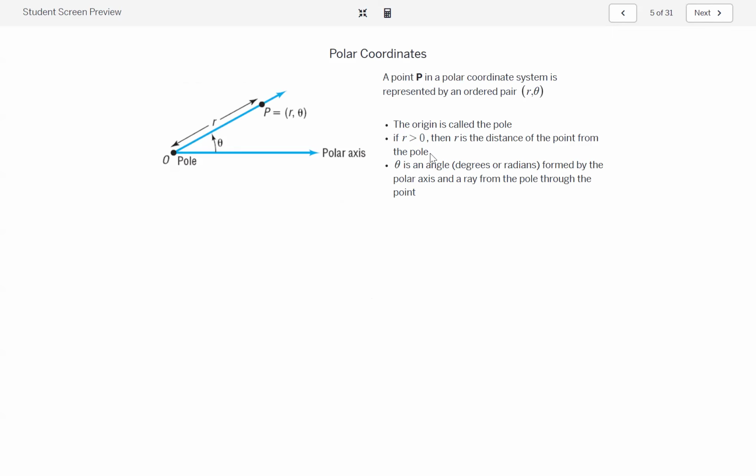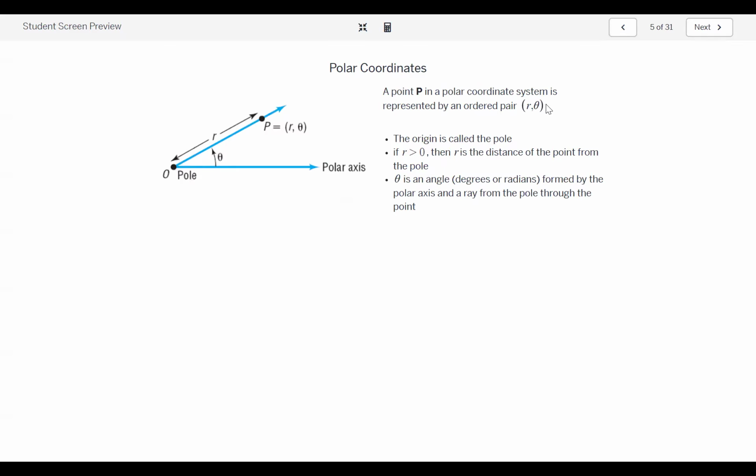We can actually have a negative radius, but typically our radius is positive, and theta can be in degrees or radians. Usually it's going to be in radians. And then the ordered pair is written r comma theta.